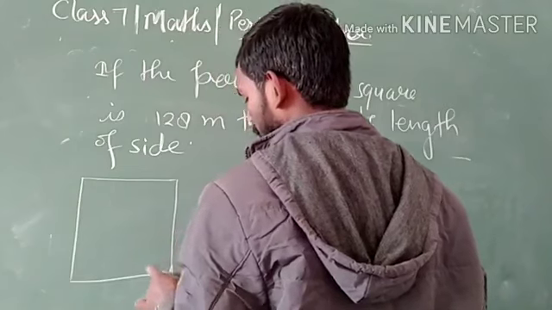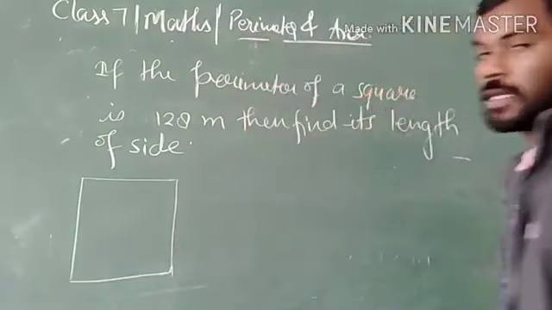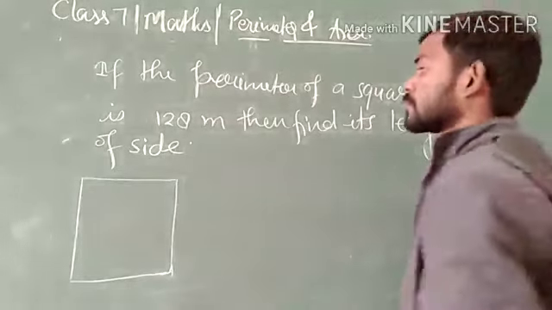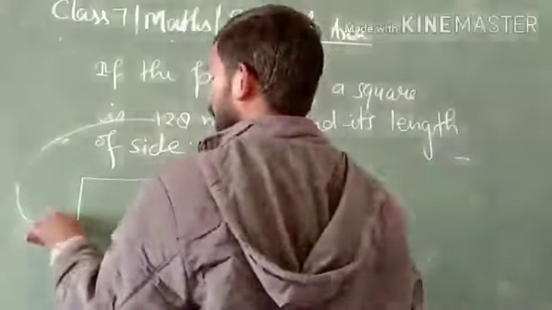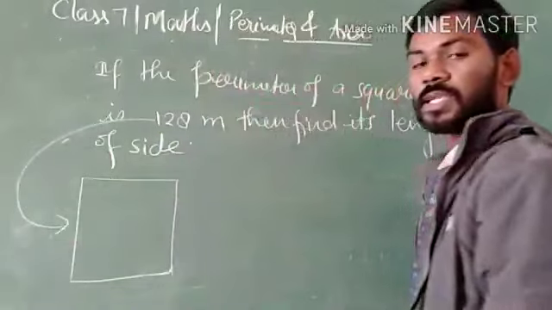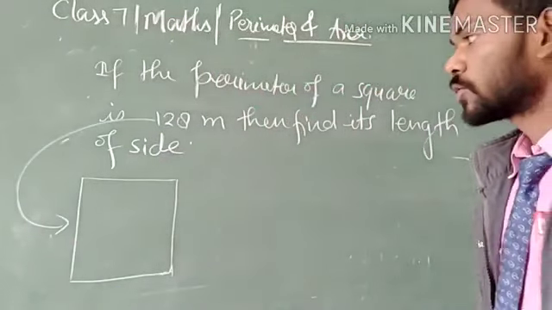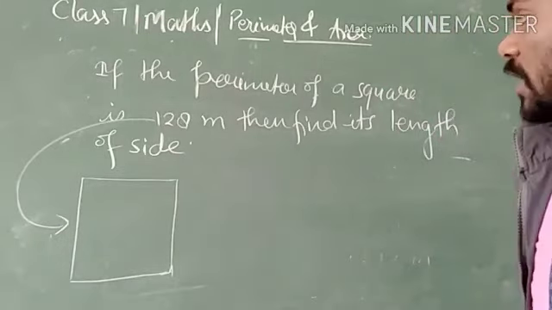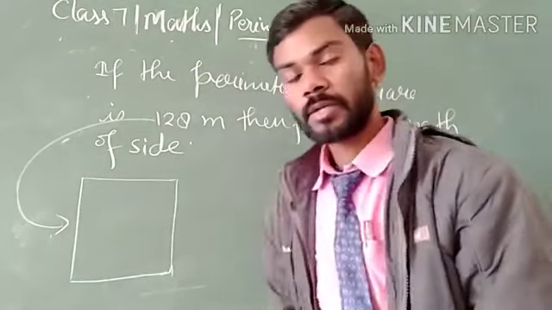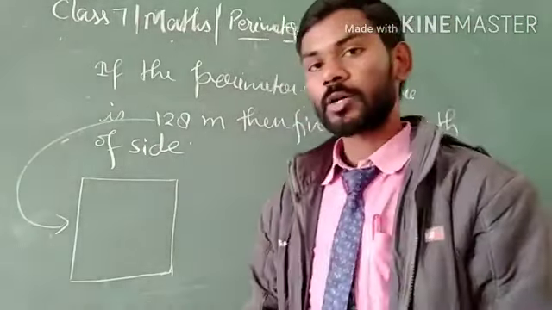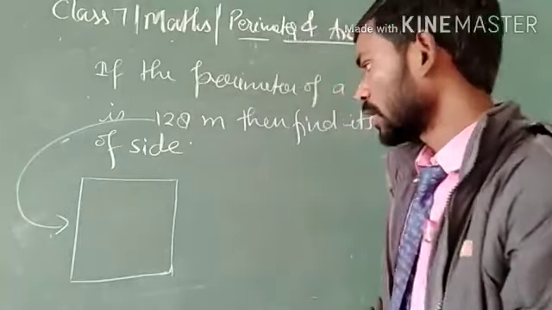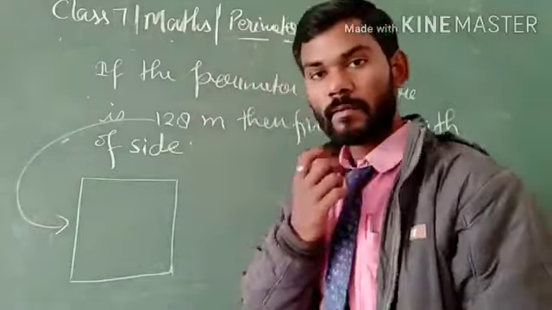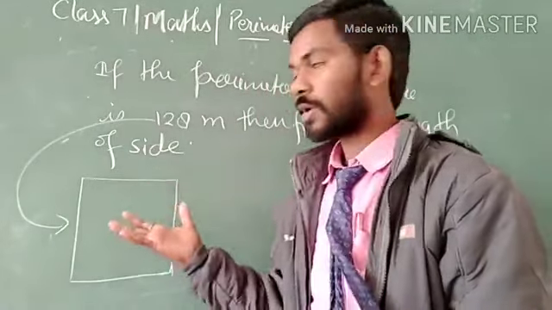In this figure, we can see a square in which 128 is given as its perimeter. If we see the definition, the perimeter is the total length of the boundary. So here 128 is the value of its total boundary.